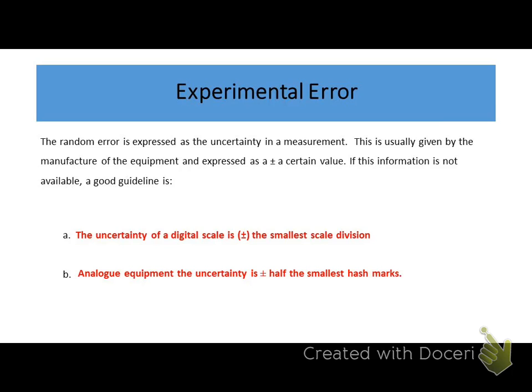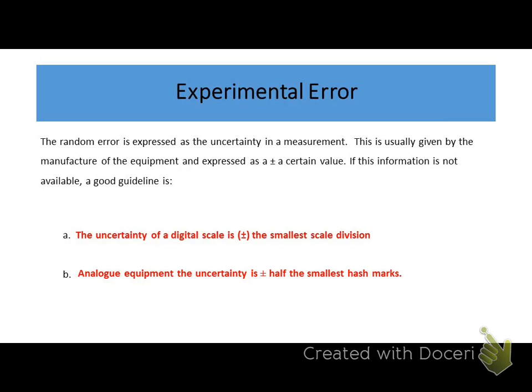Alright, so how do we determine how much random error there is in a measurement? Now obviously the last digit, because it's estimated, is where our random error occurs. So we have to look at that last digit, and from that last digit, we can determine how much random error is associated with that instrument.